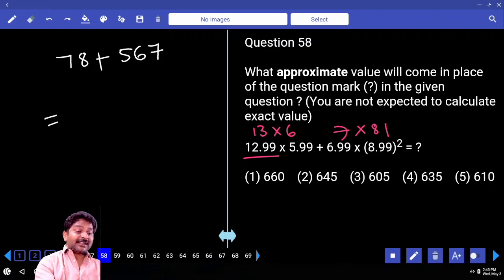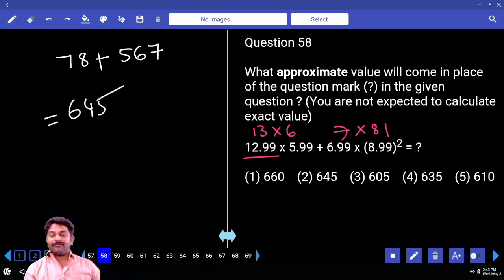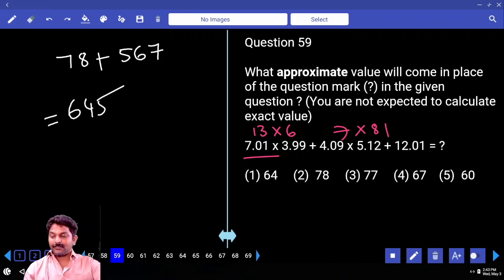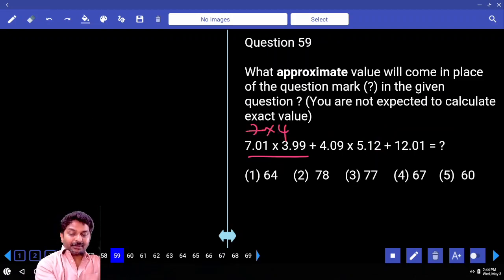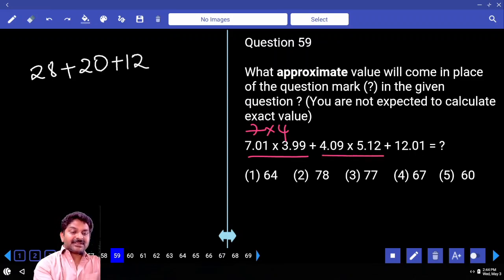Total 630. 8 plus 7, 15. 6, 4, 5. Approximation 7 into 4 plus 4 into 5 plus answer.